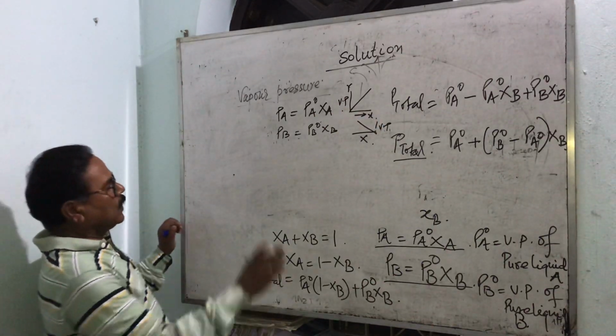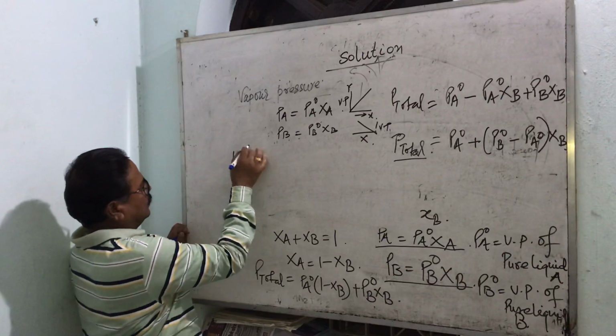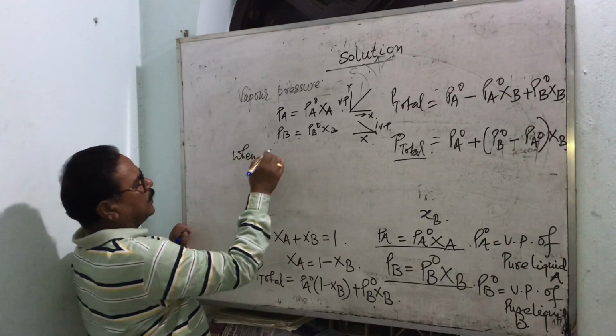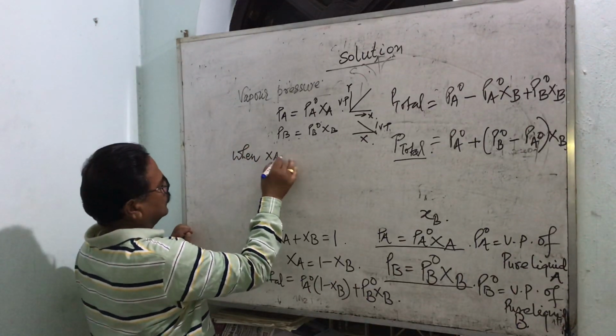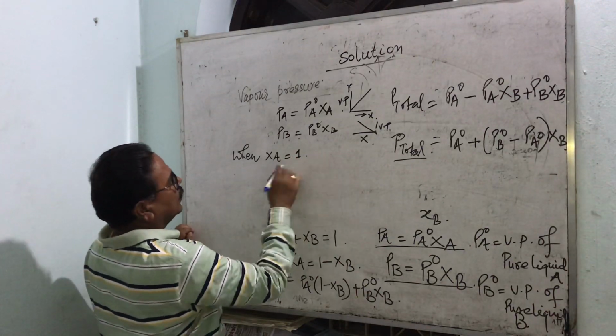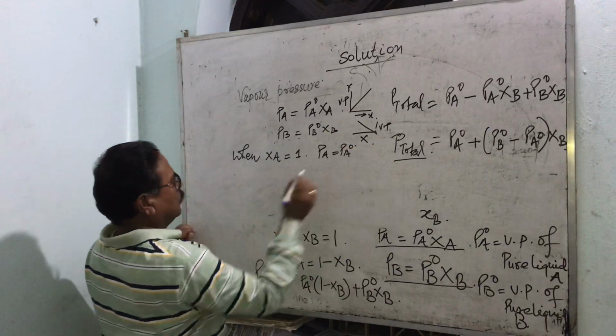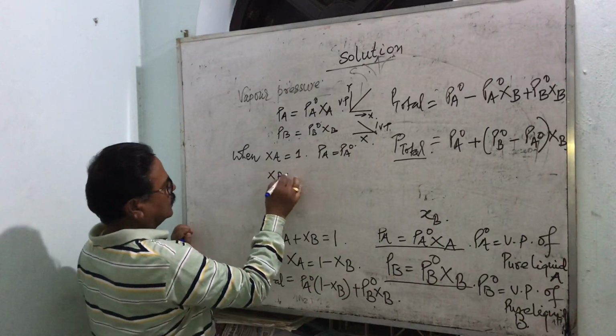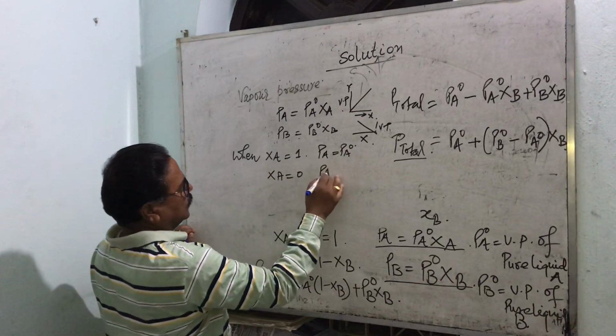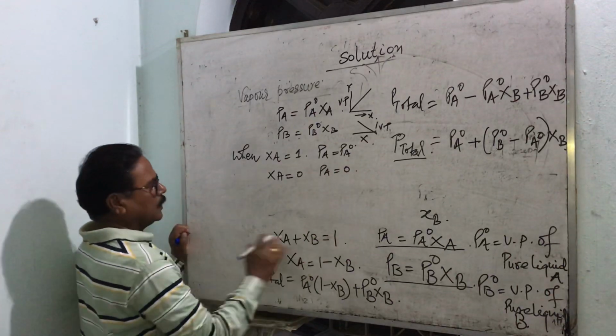Now, let us see, when XA is equal to 1, then PA is equal to PA naught. When XA is equal to 0, then PA is equal to 0.